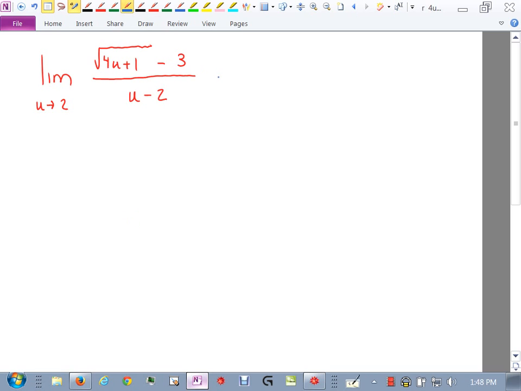Direct substitution. We do get 0 over 0, because it becomes the square root of 9 minus 3 over 0. Yeah, so we get 0 over 0, and we're not happy about it. Especially now, because everything we've done up to this point has been some algebra that you pretty much have seen and that seemed kind of standard.